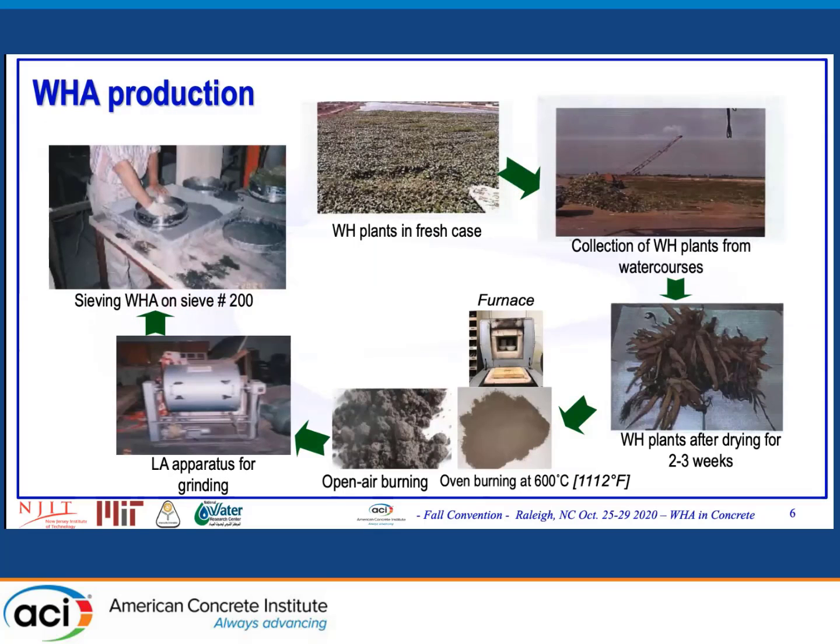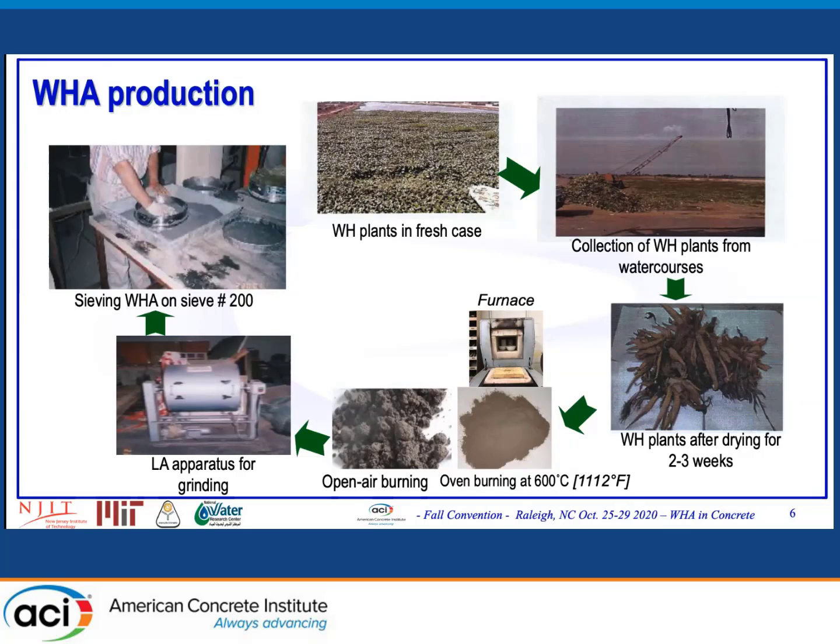So I started my research by collecting these plants as regular collections. They are collected by cranes, and they leave it on the canal banks to dry up. This can take like 2-3 weeks to dry up, and they collect that, and we grind it. So we heat this dried plant in 2 different conditions. One condition is open air burning, like the traditional one they used eventually.